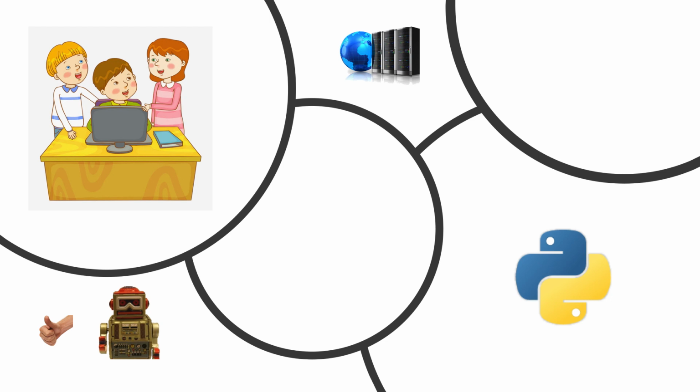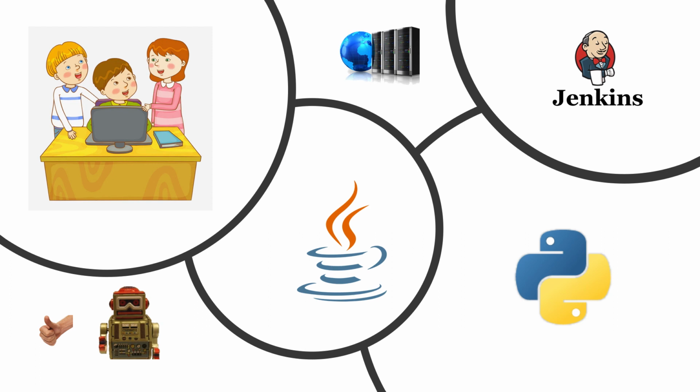So the moment we commit our specifications to the repository, our continuous integration tool Jenkins will pick them up and start validating them using the Robot Framework and the solution that we will develop in Java. So let's take a quick look at the specifications.